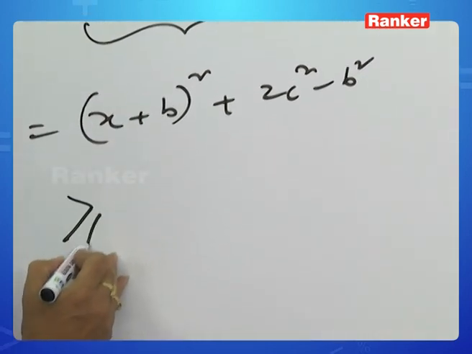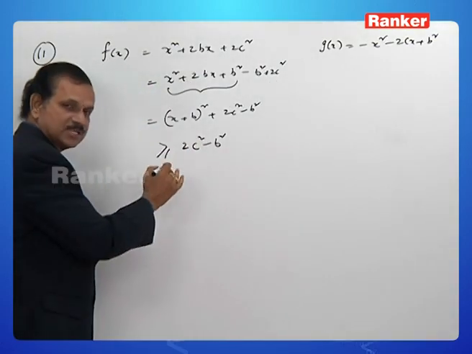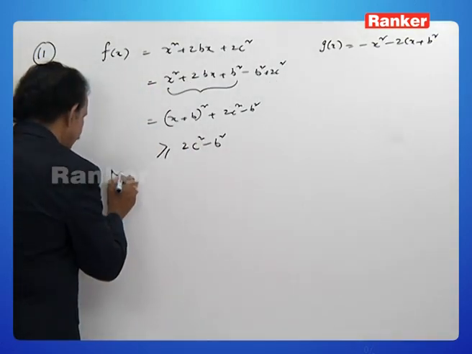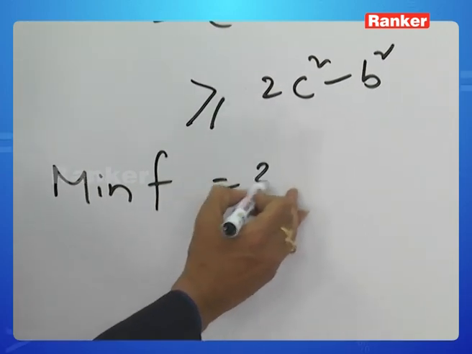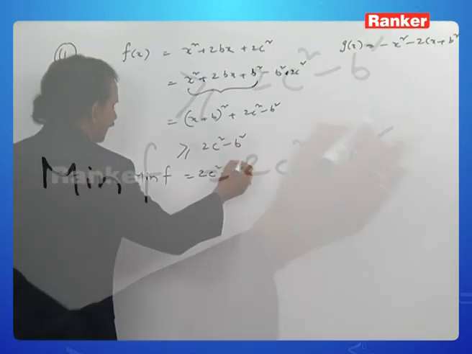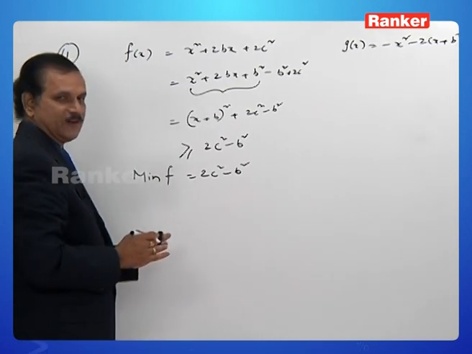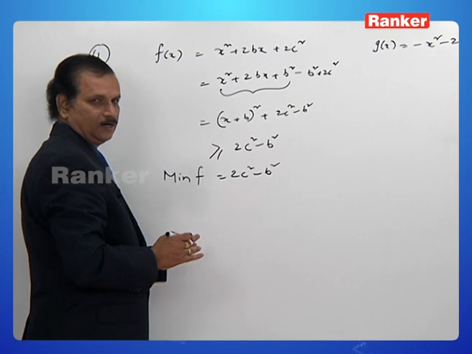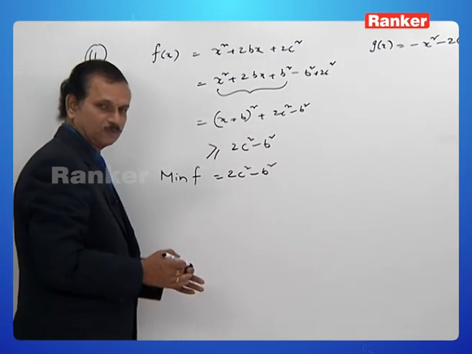So total is greater than or equal to 2c square minus b square. From this step itself, we notice that minimum of f of x is equal to 2c square minus b square.